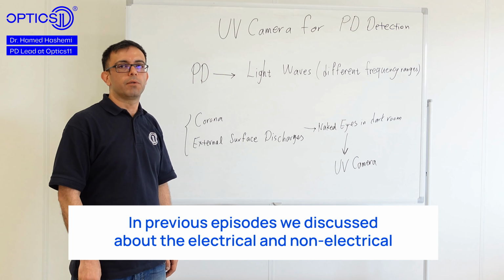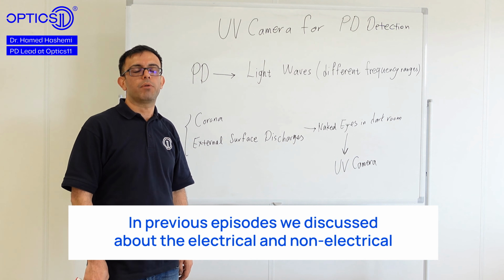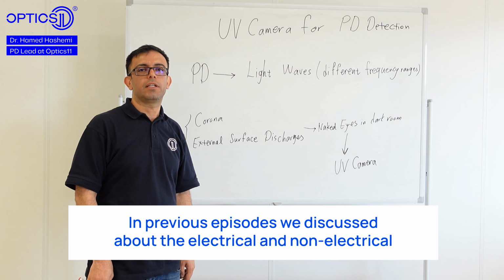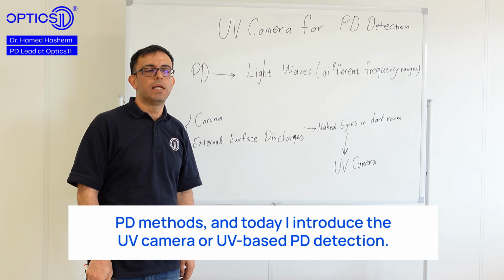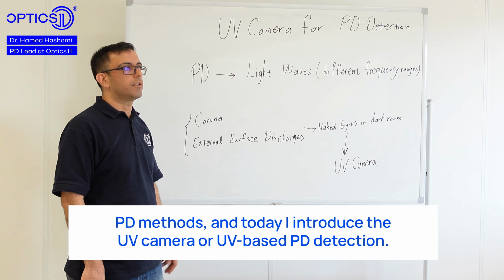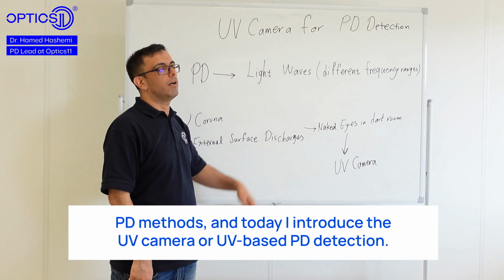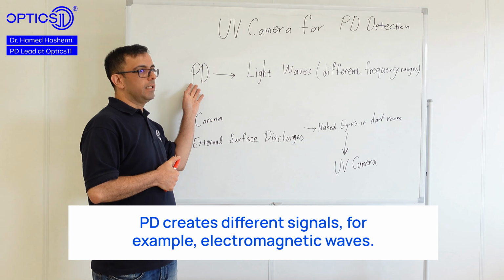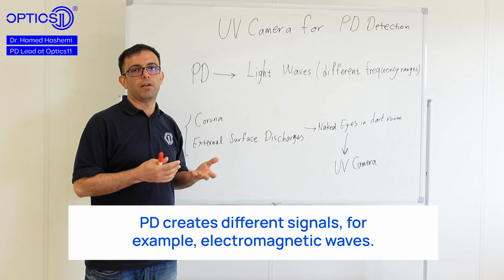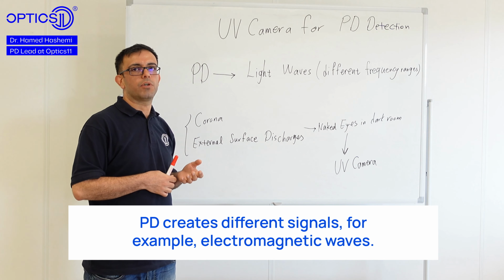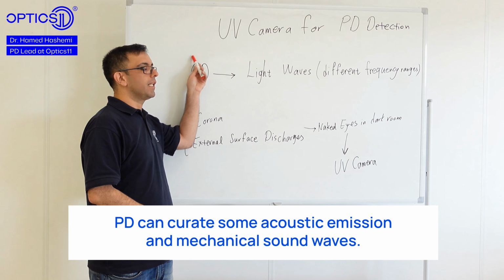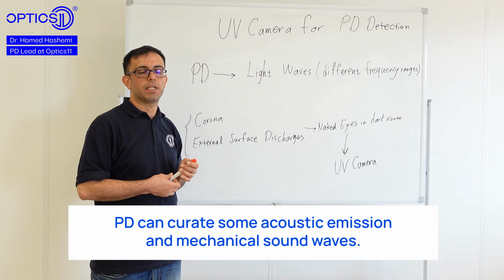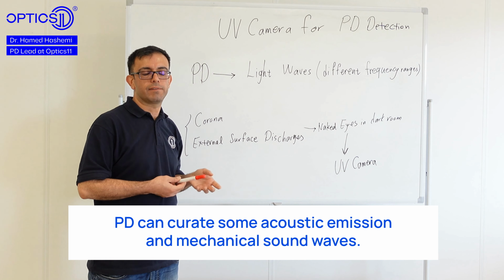In previous episodes, we discussed the electrical and non-electrical PD methods, and today I introduce the UV camera, or UV-based PD detection. PD creates different signals. For example, electromagnetic waves. PD can create some acoustic emission and mechanical sound waves.